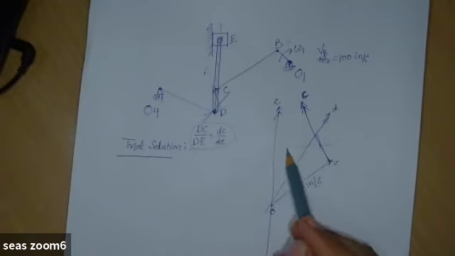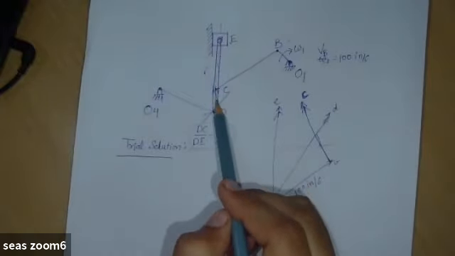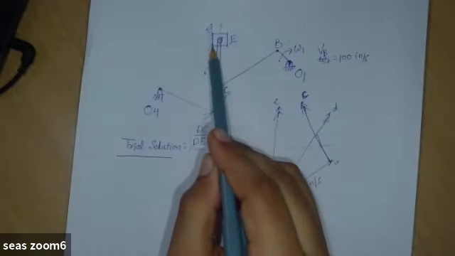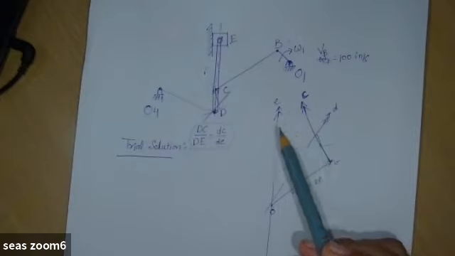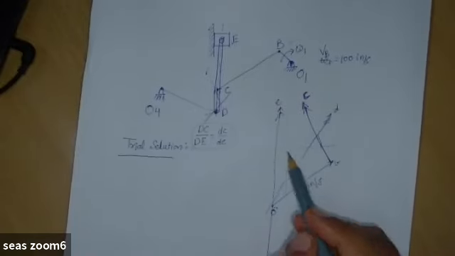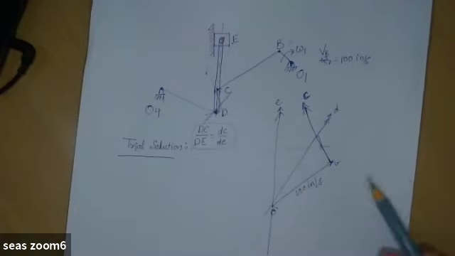It means that E, C, and D must all lie on a line which is perpendicular to link OECD, because the velocity of C with respect to this fixed point is always perpendicular. So from here, it will always be a perpendicular line and all these points will always lie in one line. So now we know that this line may be here, it may be here, it may be here. I really don't know. So in such cases, the trial solution may help.